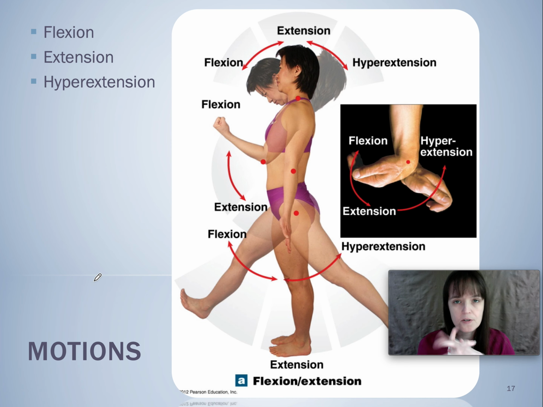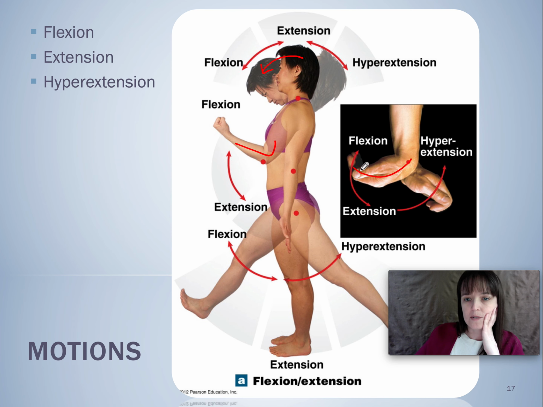So usually it's moving forward, although flexing the knee, you'll move it back. Flexion in the neck is forward, flexion at the wrist is forward, flexion at the hip is forward, but flexion at the knee will go back. So the opposite of kicking, unkicking.